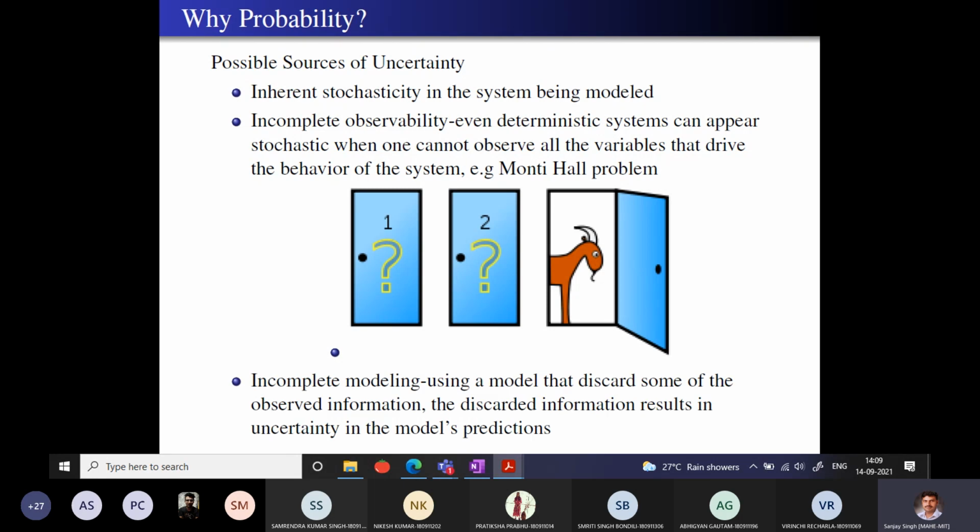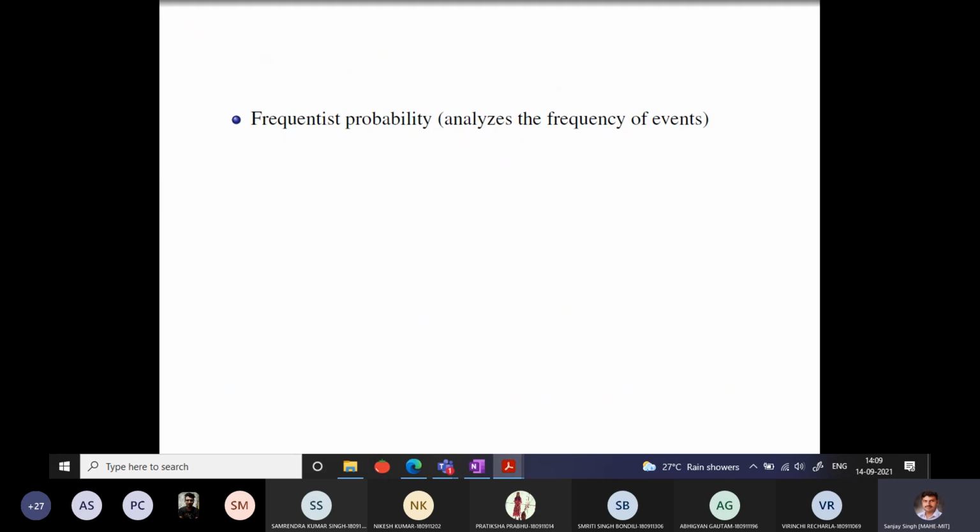So here you have incomplete observability, right? Also incomplete modeling, using a model that discards some of the observed information. The discarded information results in uncertainty in the model's prediction. I'm trying to say that though something looks very deterministic, it can appear stochastic. Even this Monty Hall problem looks stochastic.